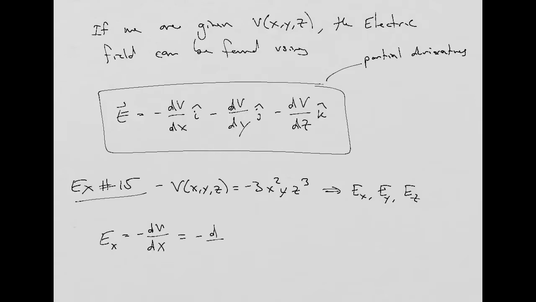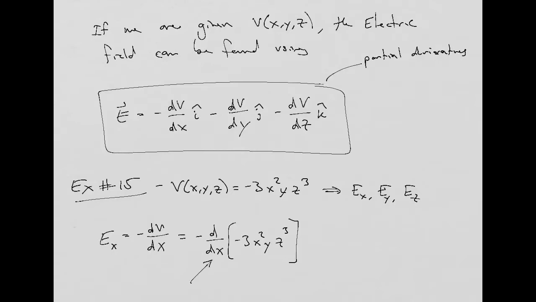We have minus the derivative with respect to x of this function, minus 3x squared y z cubed. Now, when you have a partial derivative, it means that you're only taking a derivative with respect to one variable.